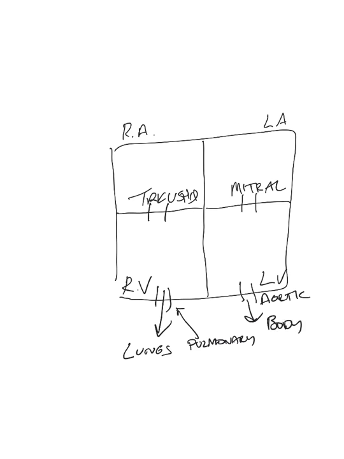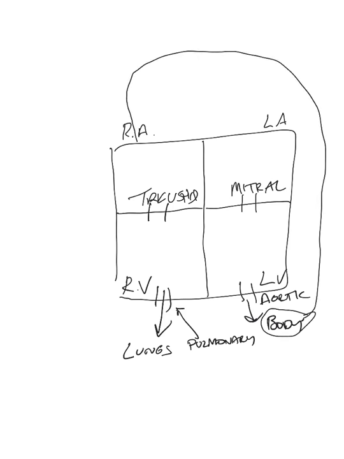Well, how does it get back in? Out in the body, it comes back through the right atrium, and here in the lungs, it comes back in through the left atrium. So there's vessels that dump directly into the right atrium and the left atrium.